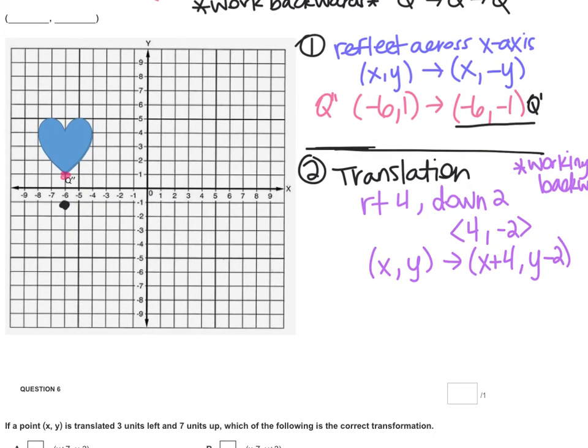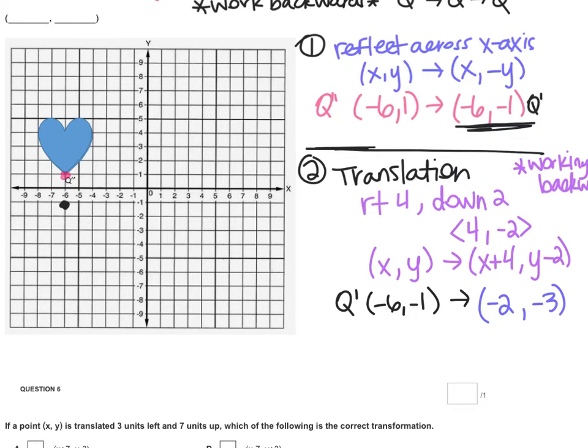So what's going to happen if your q prime right here is this -6, -1. When we add 4 to our x value, we're going to have a new point of -2. And then when we take 2 away from our y value, we have a -3.